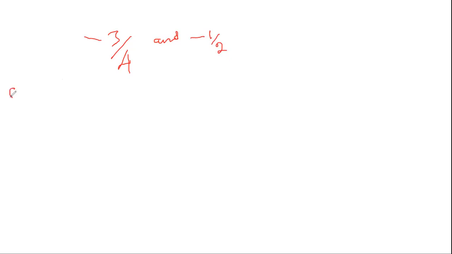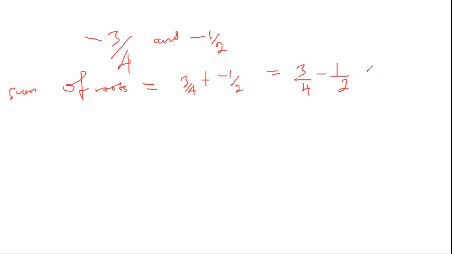First of all, we need to find the sum of roots. The sum is 3 over 4 plus -1/2, which is the same as 3 over 4 minus 1/2. If we do a simple LCM, this would be 3 minus 2 over 4, which is the same as 1 over 4.